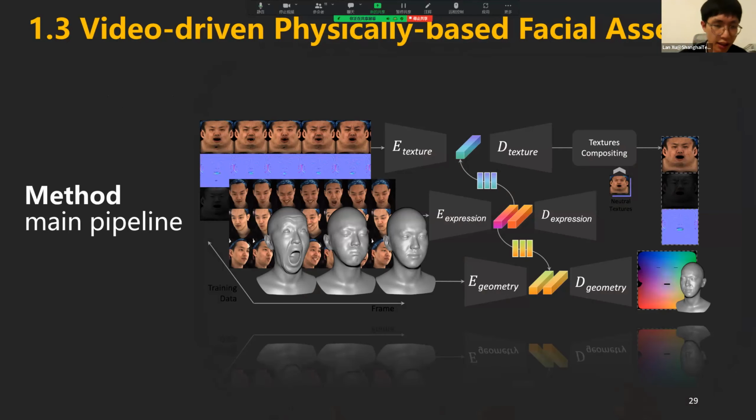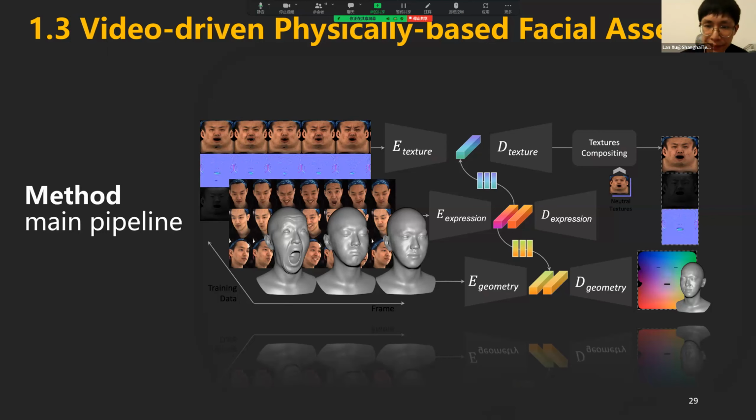Actually, in our neural network representation for the person-specific facial assets, our key idea is to design a multi-VAE to disentangle the geometries, expressions, and physical-based textures in the UV space. And we choose the expressions as the main components because we would like to use the expressions to drive the facial assets.